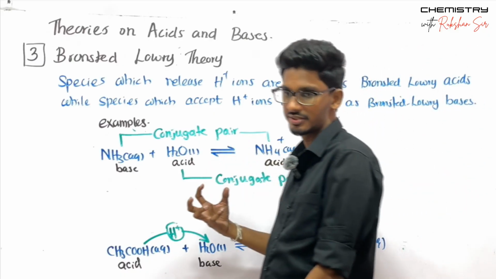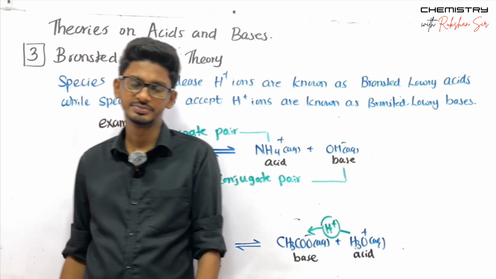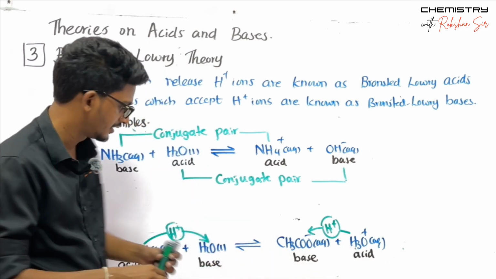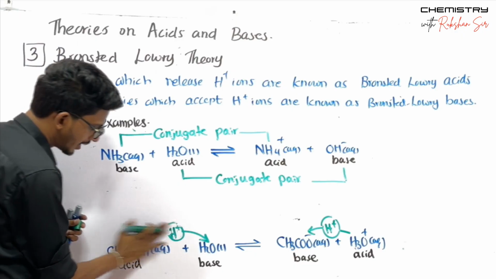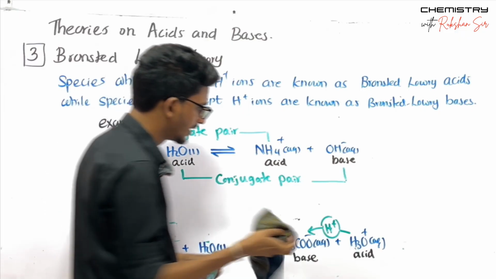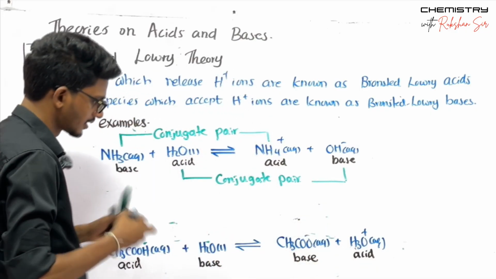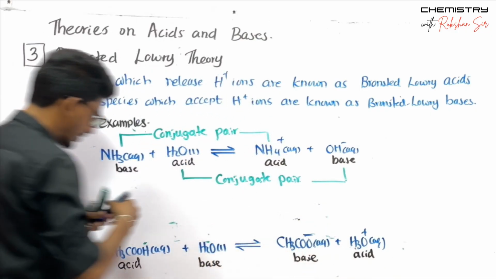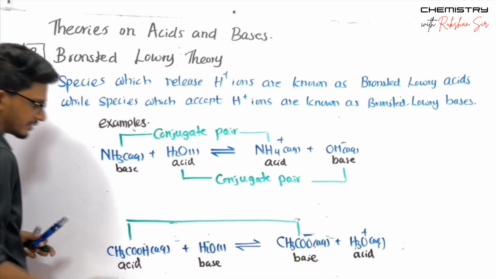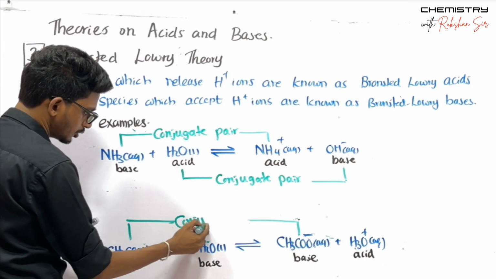HCl and Cl minus, just the difference of H plus appears between them, a conjugate pair. CH3COH and CH3CO minus, just the H plus difference appears between the pair, so that pair can be referred to as a conjugate pair.